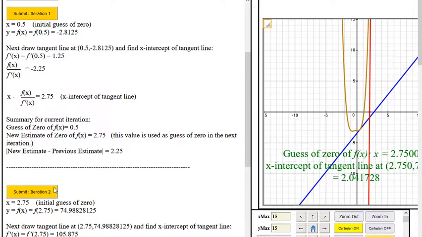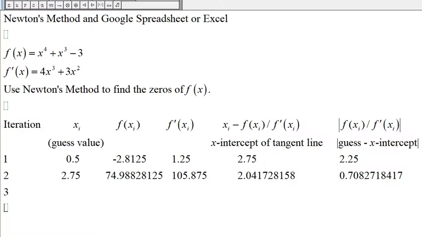So there's the second tangent line right here, and the x-intercept is about 2.04. And then in the last column, we calculate the difference between x sub i and the x-intercept, and the difference is 0.70, which is too large. And so next, we go to the next iteration.